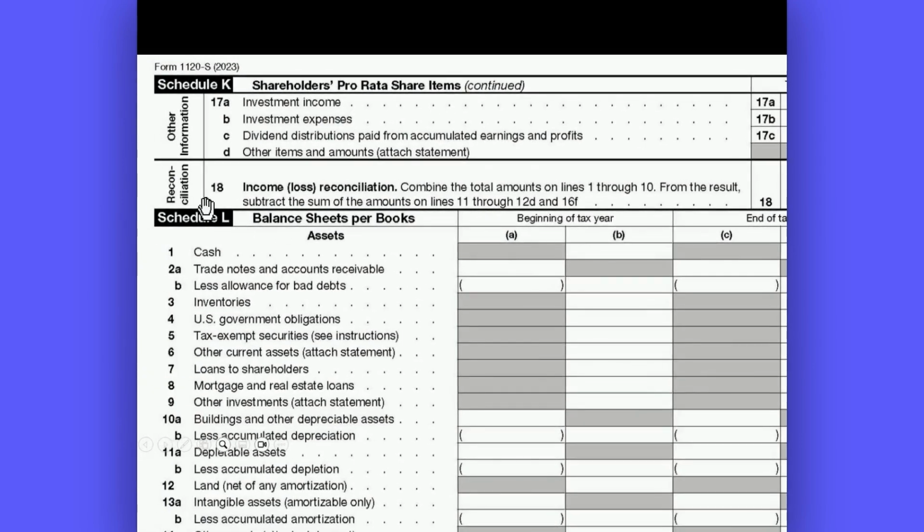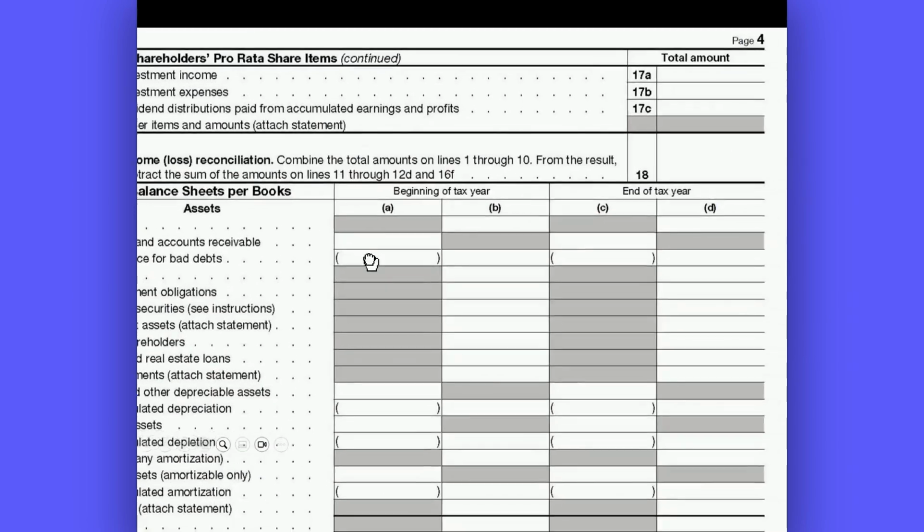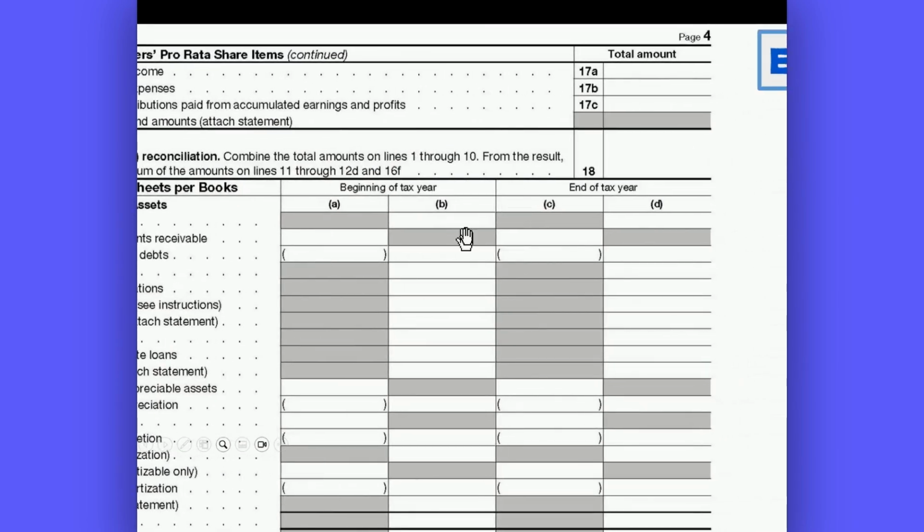And when it comes down to here, it's line 18. So this is the income or loss reconciliation. What line 18 does is it takes all of your different types of income, page 1 income, rental income, all of the different separately stated items, income and expense. So this is all income and expense items, whether they are on page 1 or whether they are separately stated.